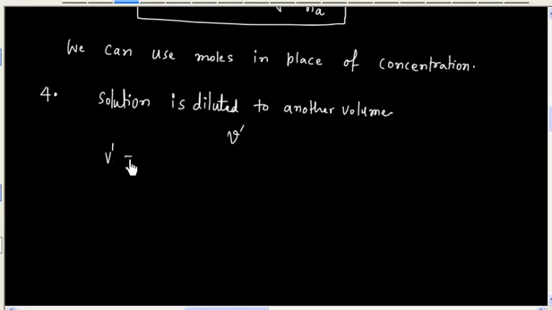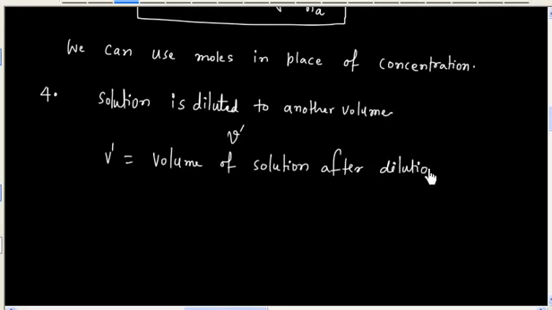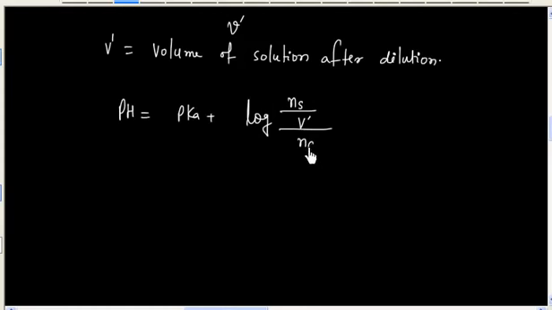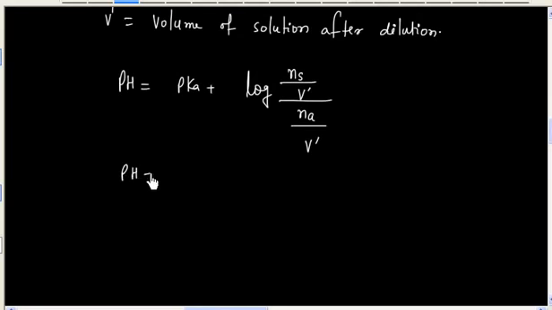So V dash is volume of solution after dilution. So once again we can write expression for pH. Moles of salt divided by new volume. We will have moles of acid divided by new volume. Finally, we will have same expression.